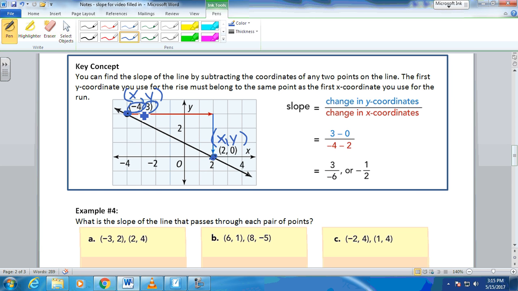So they took our 2 y coordinates and went 3 minus 0, which equals 3. They took our 2 x coordinates, the negative 4 and the 2, subtracted those. They rewrote this as an addition problem. They just didn't show you the work to get negative 6, which then reduces down to negative 1/2. And if you're worried about which one you choose first, again, no matter what way you choose it, as long as you choose the same coordinate from the same coordinate pair first, you'll be fine.